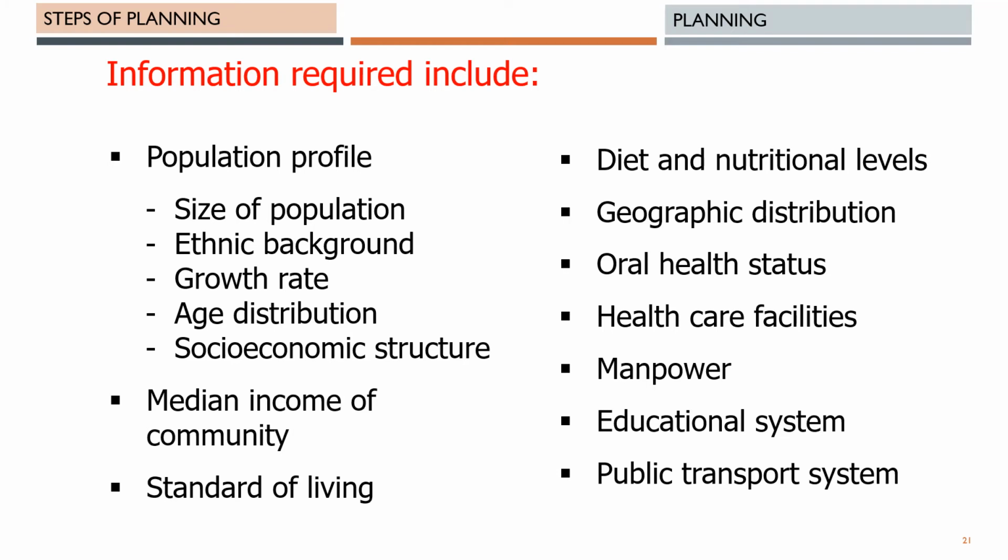There is a number of information required: the population profile, income of the community, standard of living, diet and nutritional levels, geographic distribution, oral health status, healthcare facilities, manpower, education system, public transport system. So it depends on what type of planning that you are doing.